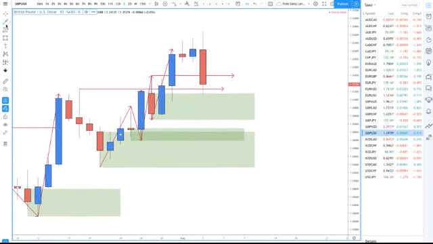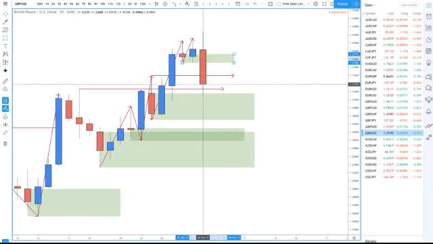Yep, so we had another higher high, higher low. So prices made a new high, pulled back, and then made a new wick high, bullish candle close, and that would have been the demand zone right there.